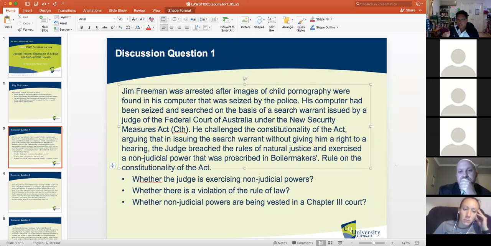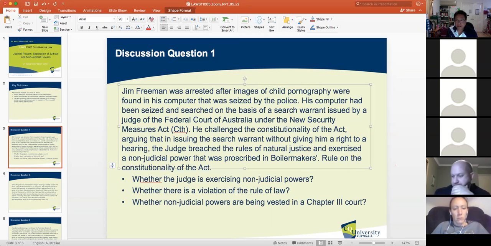That is a different question to whether the non-judicial powers are being vested on the judge as opposed to the Chapter 3 court itself. So those are two different things. We raise that point because, as Leonie says in the chat, does the persona designata rule apply? We're going to go back to the persona designata rule in a short while.